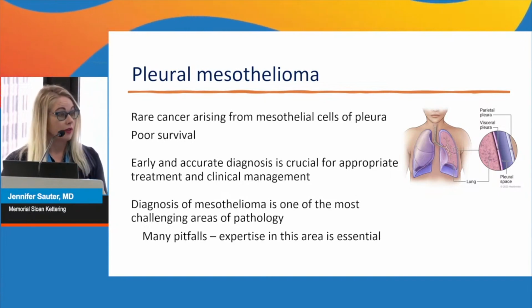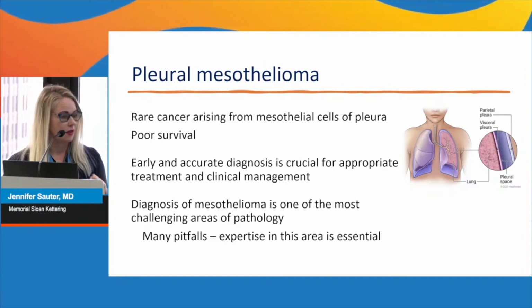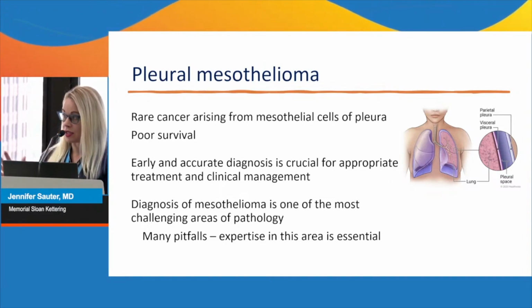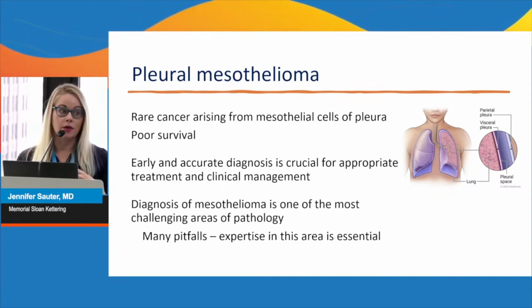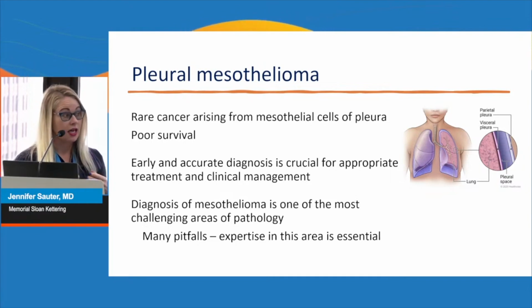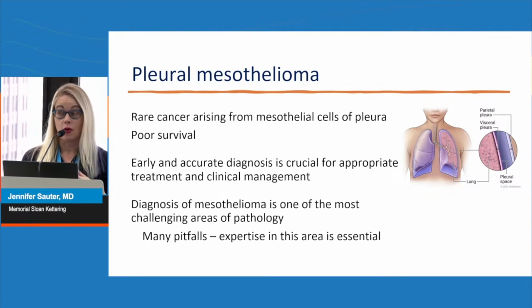There are multiple pitfalls in the diagnosis of mesothelioma, and there are multiple mimics, both for other types of tumors that look like mesothelioma, but also benign entities that look like mesothelioma. So it's very challenging in pathology, and it requires pathology expertise. So it requires pathologists who've seen many cases of mesothelioma.